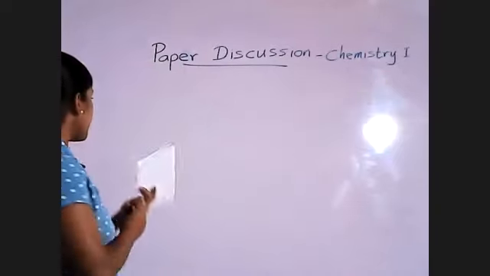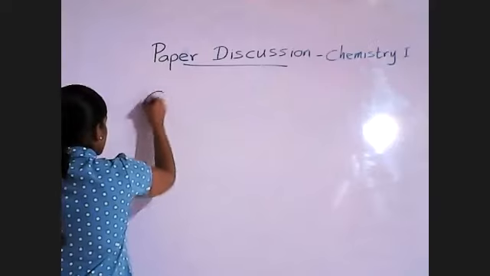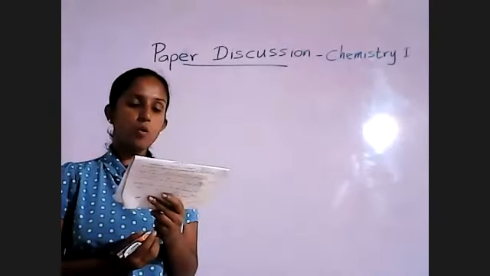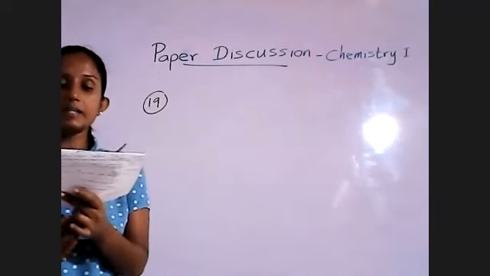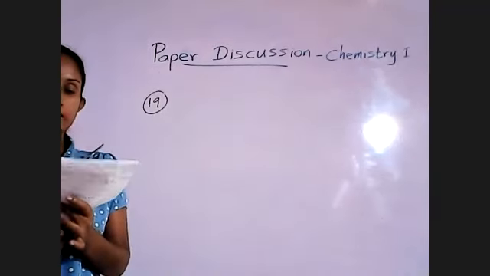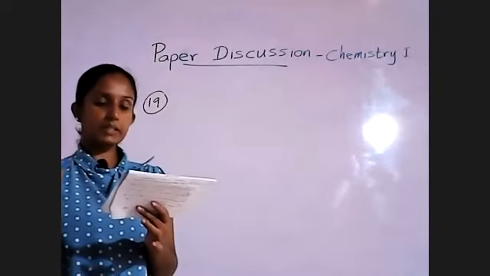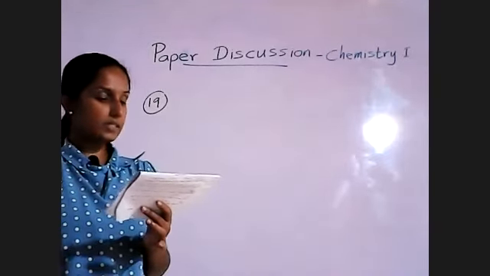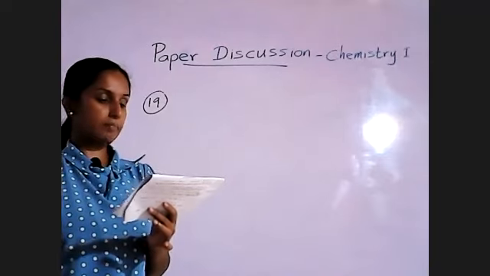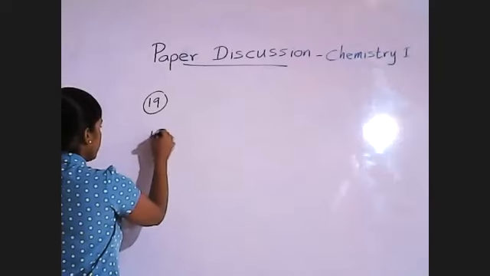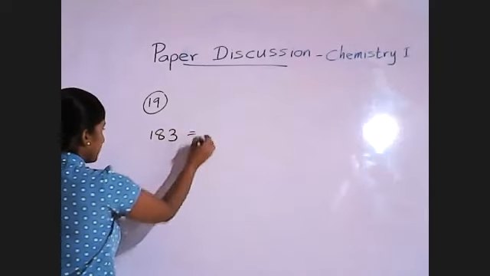Look at question number 19. The relative molecular mass of the hormone adrenaline is 183. The relative molecular mass is given. Thus, X in the relationship represents what? This is the relative molecular mass of the adrenaline hormone, 183.